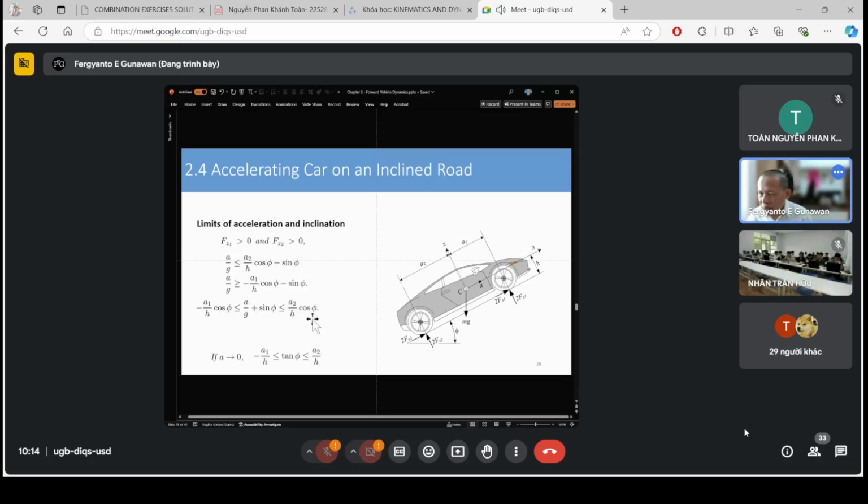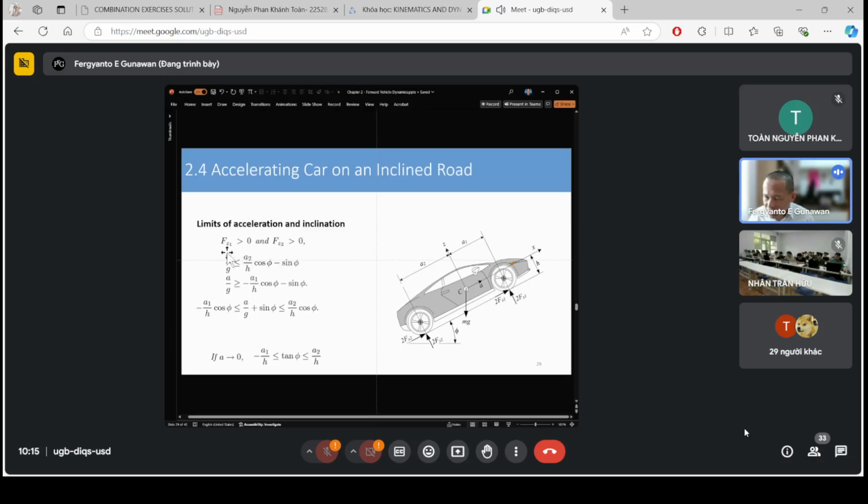However, the limit of acceleration is given by fz1 should be greater than 0, right? And fz2 should also be greater than 0.